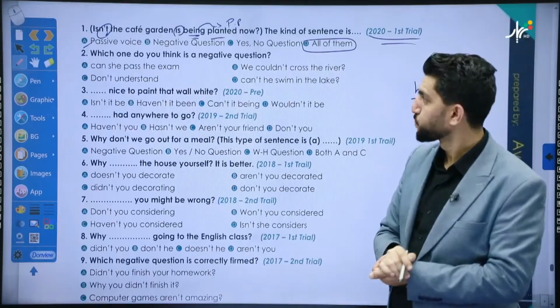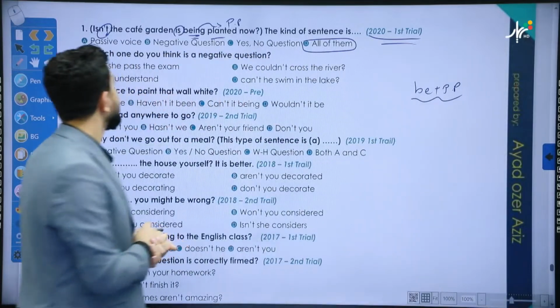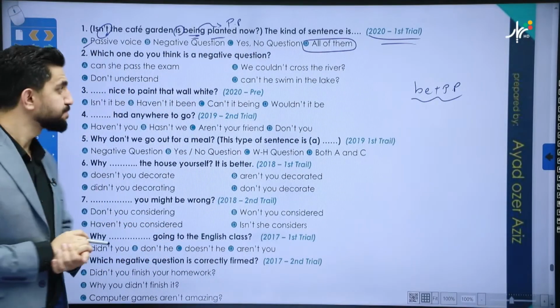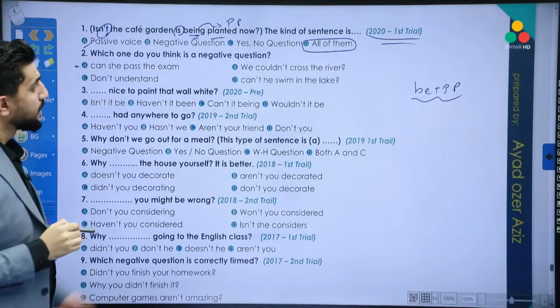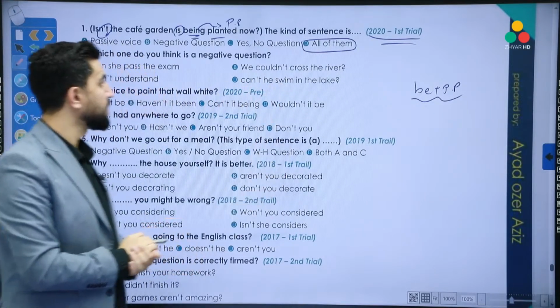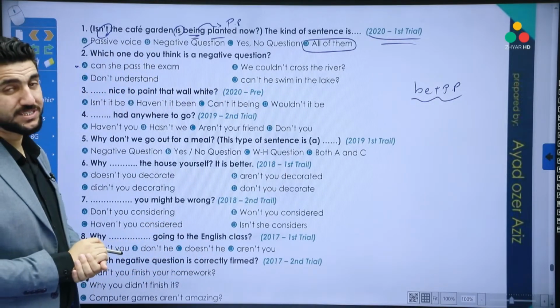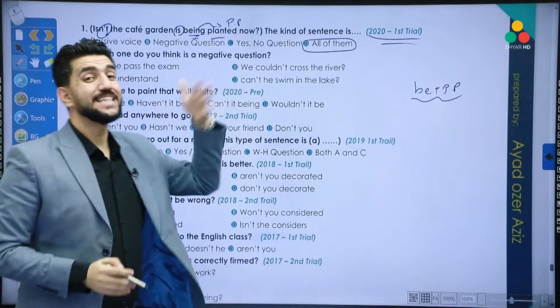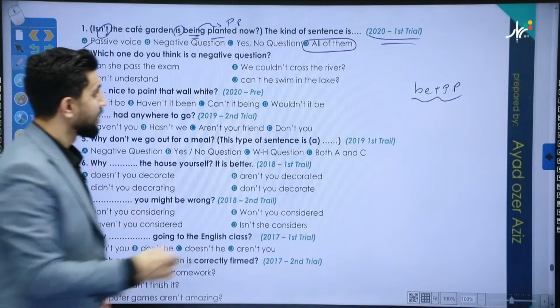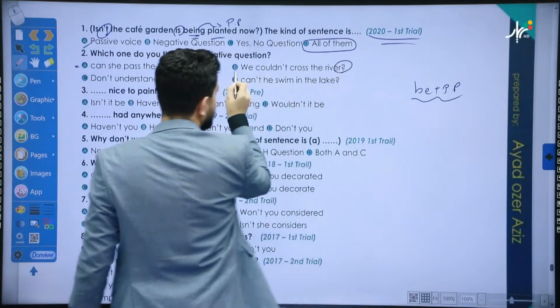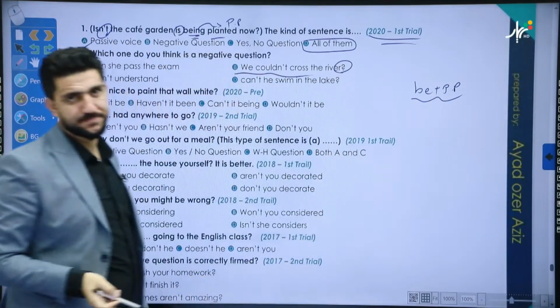Okay. The first one, can she pass the exam? Is it a negative question? Since we don't have a negative, that means it's not. We couldn't cross the river. Is it a negative question? It's negative, but is it a question? We have a question mark, but is it correctly ordered?